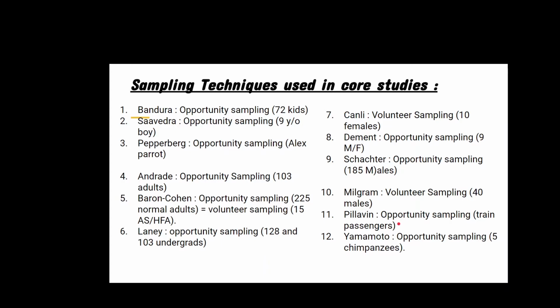So I believe there were around 4,500 participants. And then in Yamamoto, we again used opportunity sampling, where we simply used any 5 chimpanzees that were available to us from the Kyoto University Institute.